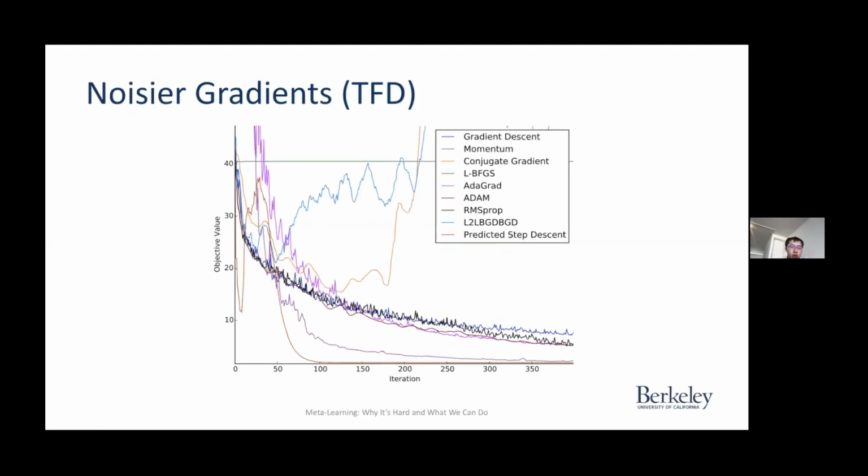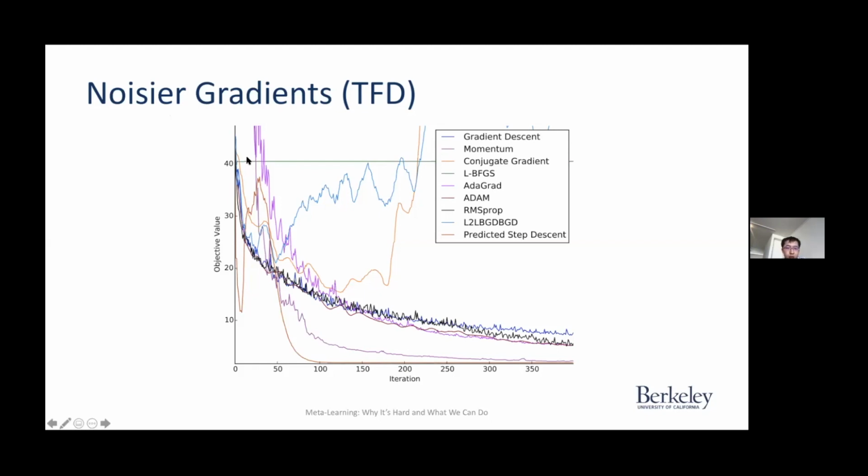We can also try it in the setting where the gradients that the learned optimizer is going to see at meta test time, on the unseen objective function, are a lot noisier than what you have ordinarily. In this case, we reduced the mini batch size by a factor of 10, I believe.